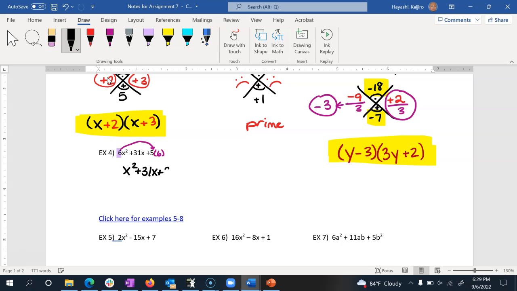So we just want two numbers that multiply to 30 and add up to 31. Probably won't have to stretch your brains too much for this one. What two numbers can you think of that multiply to 30 but would add up to 31? 30 and 1. Yeah.